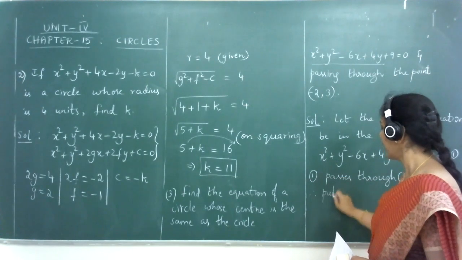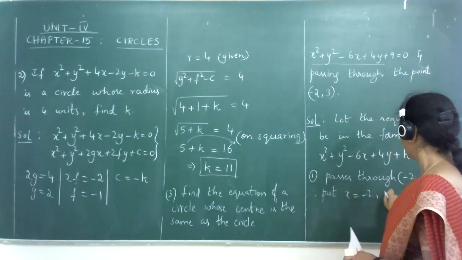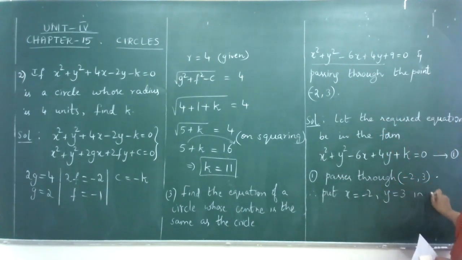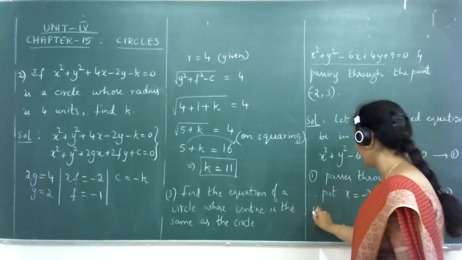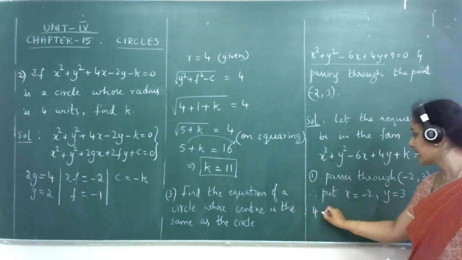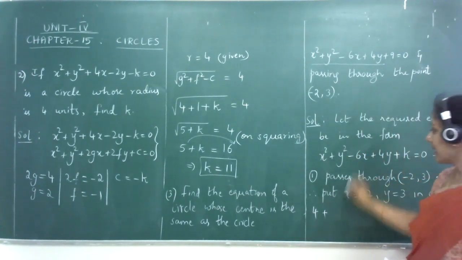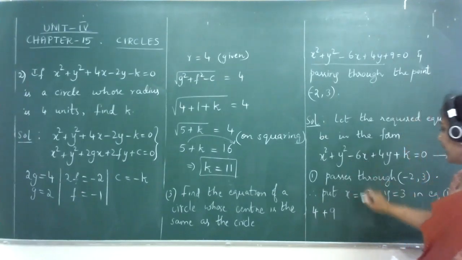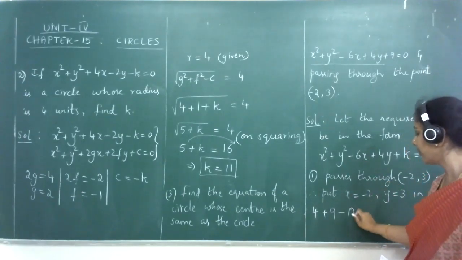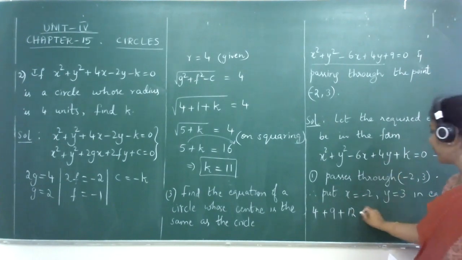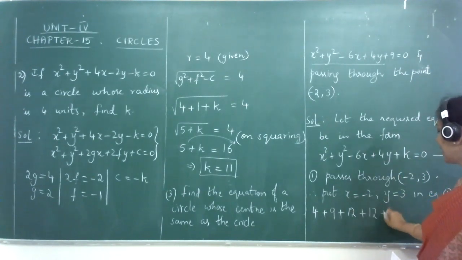Therefore, put x equal to minus 2, y equal to 3 in equation 1. When I substitute these two values, it gives me minus 2 the whole squared, which is 4. For y it is 3 squared, which is 9. Minus 6 into minus 2 gives plus 12. Plus 4 into 3 gives plus 12 again.